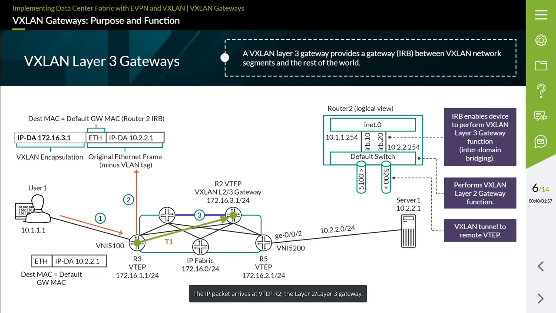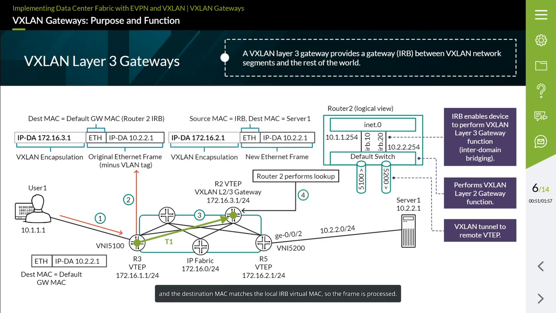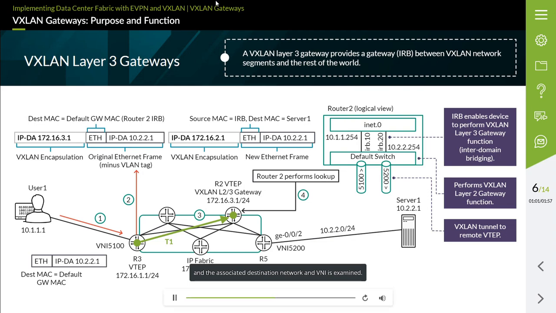The IP packet arrives at VTEP R2, the Layer 2 Layer 3 gateway. The outer destination IP matches the VTEP address. The L2 gateway terminates the tunnel, and the destination MAC matches the local IRB virtual MAC, so the frame is processed. The IRB L3 gateway determines the destination IP of server 1, and the associated destination network and VNI is examined.